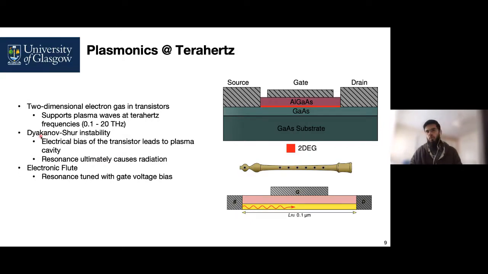We also now know that the frequency of the emitted electromagnetic wave can be tuned with the electric biasing of this transistor circuit.